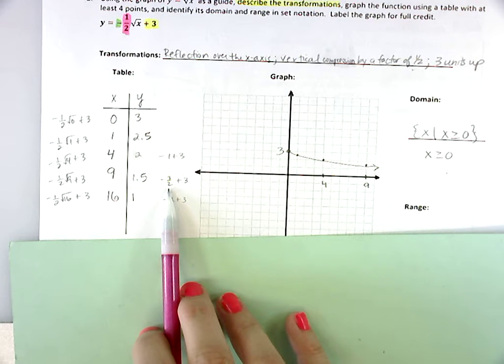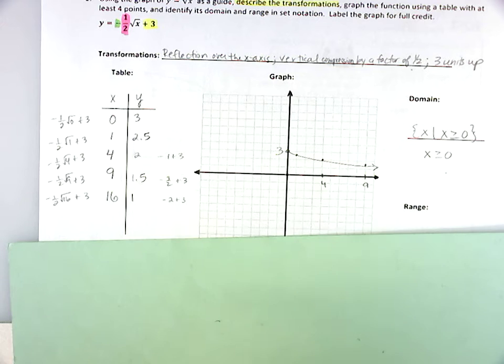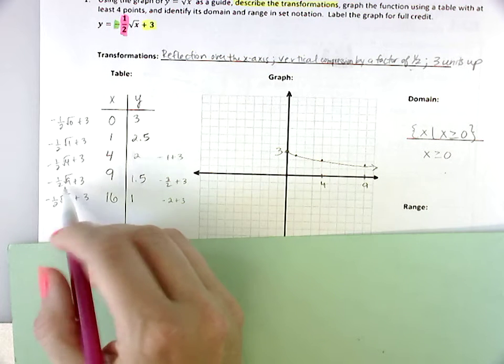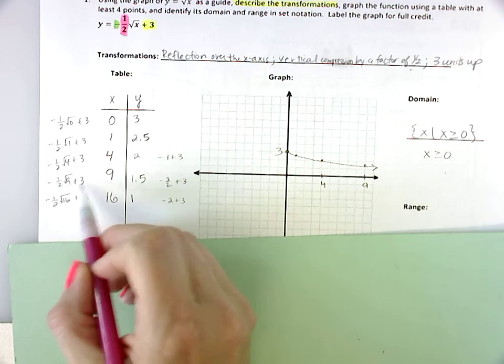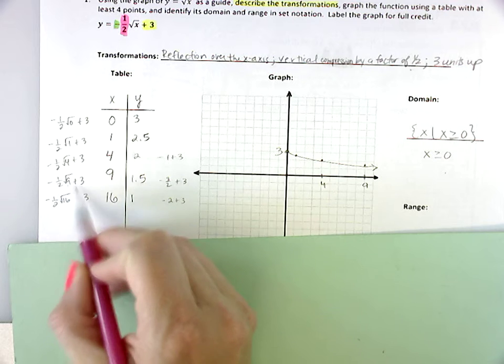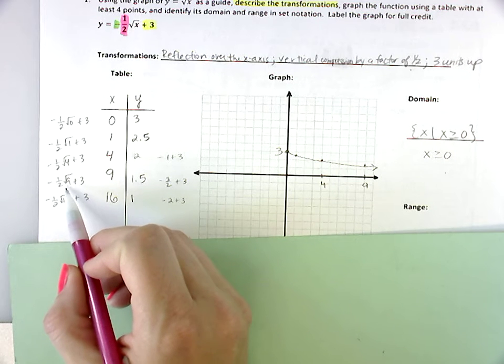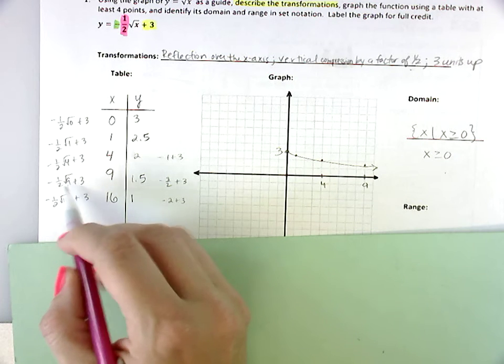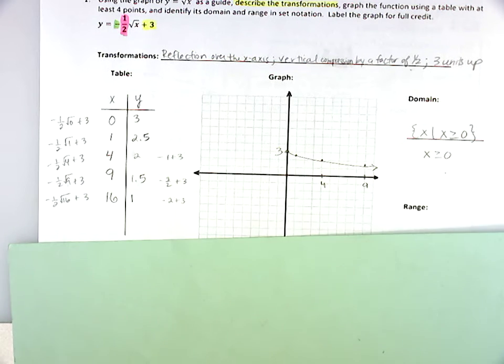So 3 from the square root of 9, and then I added 3, which is 6. I did half of 6. Oh, okay, so you just have to follow your order of operations. So before you can add the 3, you're going to have to multiply those together. Yep, so just follow your order of operations, so multiply before you add.